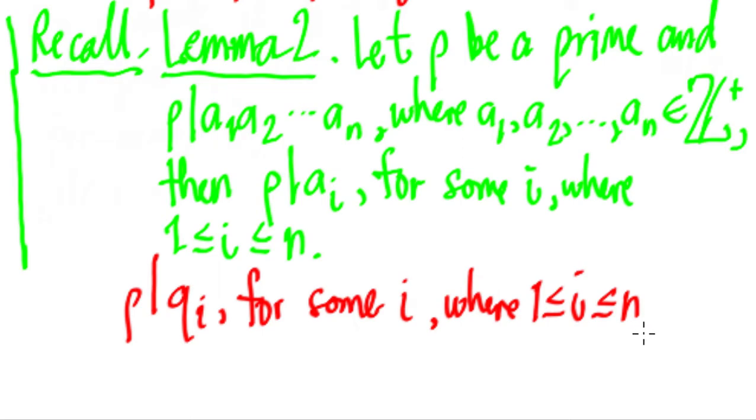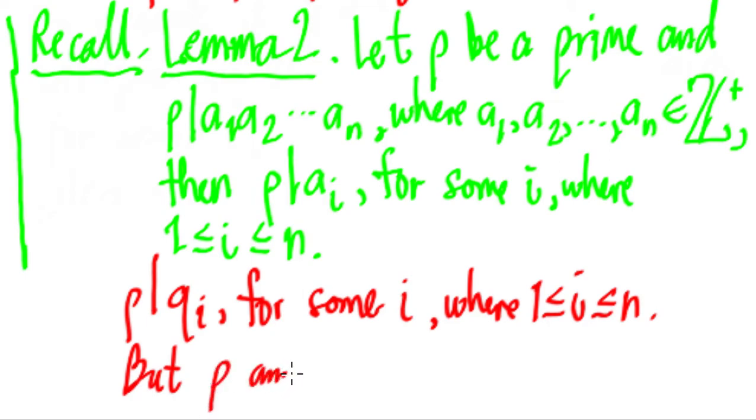But notice, we say from our first statement that all of these are prime numbers. So P and Q sub I are primes.